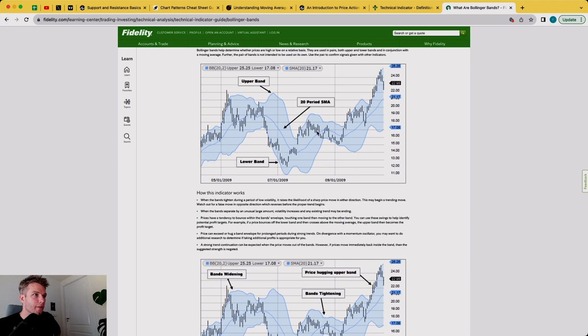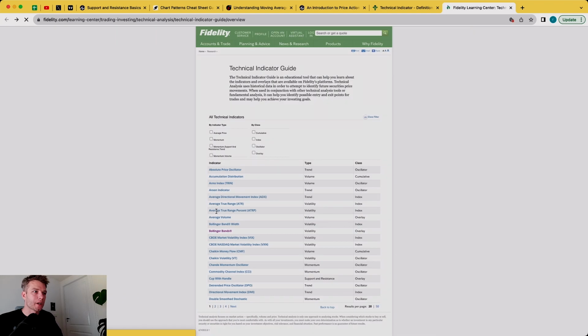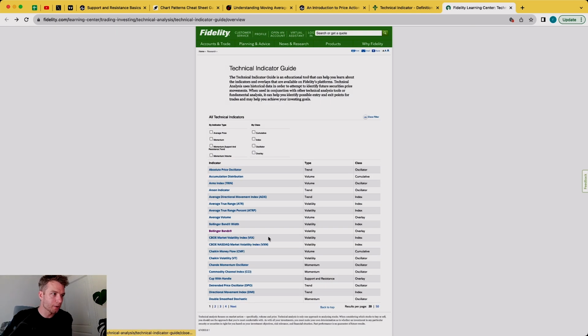So if this looks daunting, again, it's really not rocket science. Maybe the calculations sometimes are a bit tricky and difficult, but you just need to know how the indicator works and how you can use it to your advantage. But this is the advanced source. So for the people that are looking for some indicators maybe, and I'm going to discourage that in a second. Well, not necessarily discourage, but this is a good library to start from.